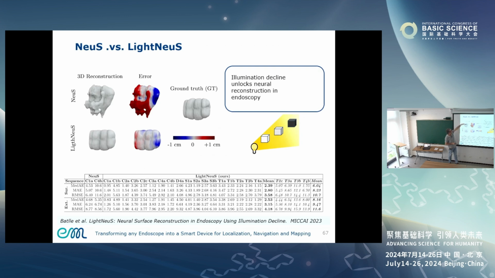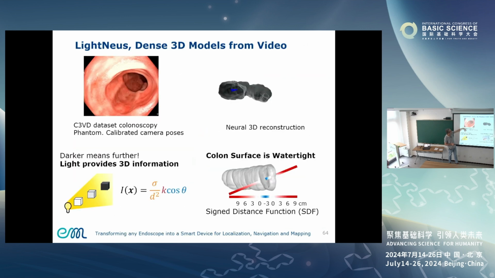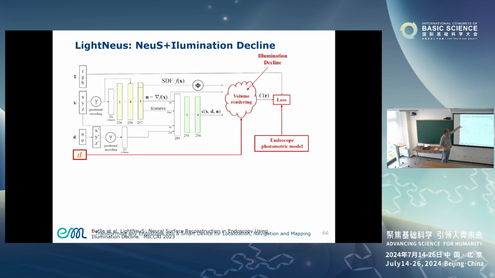If you use the original system, you get this result. Why? Well, it is clear. These images follow the 1/d² rule. Normal neural rendering does not assume that. Because of that, if you feed images that do not follow the standard rendering model, it is not going to work.